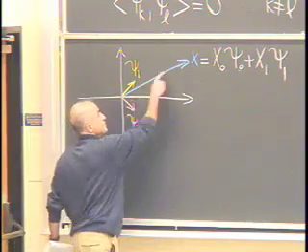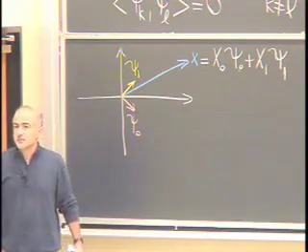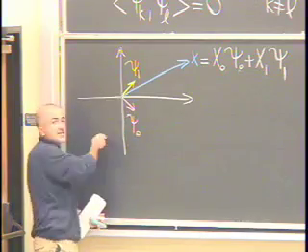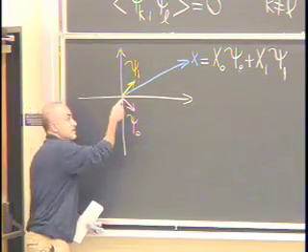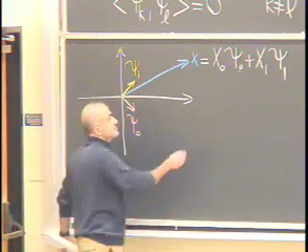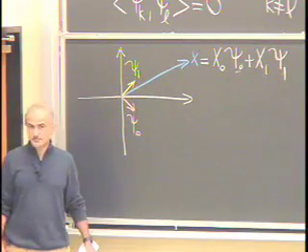Any vector in two-dimensional space can be represented as a linear combination of 2 orthogonal vectors. So I don't need a third orthogonal vector. In fact, you can't find a third vector that's orthogonal to this and to that. So in terms of my accounting of the number of vectors I need, I'm all set. Okay?